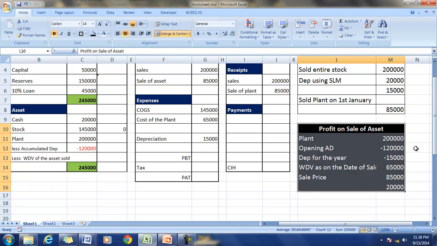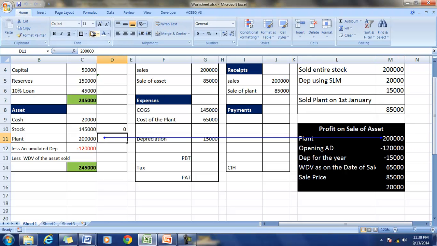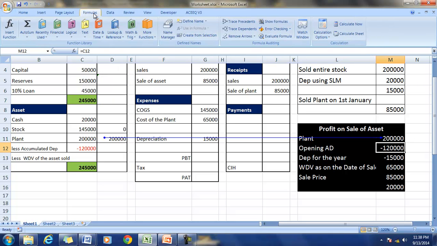So the original cost of the plant is 200,000. The opening accumulated depreciation is 120,000. The depreciation for the year is 15,000, and so for the year up to the date of the sale it is 15,000.